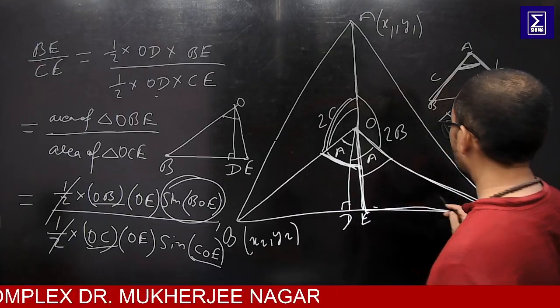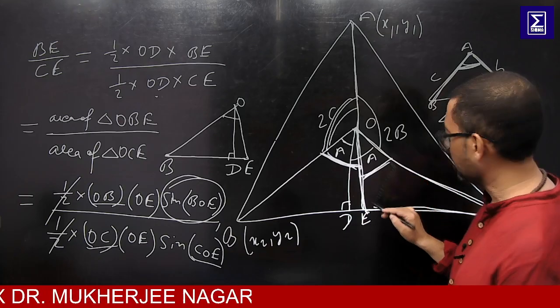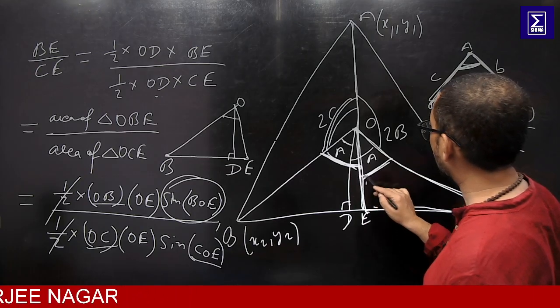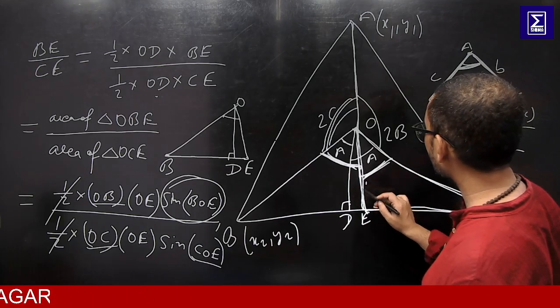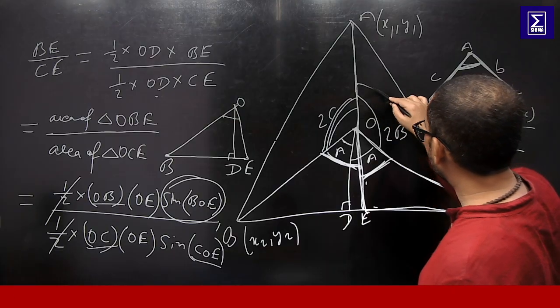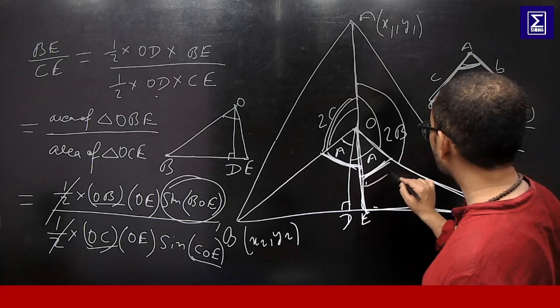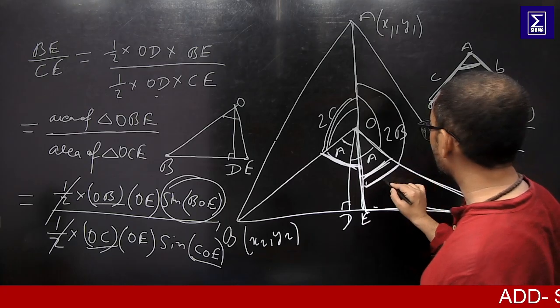This angle is, entire from here to here is 2B, and this much we have to find.